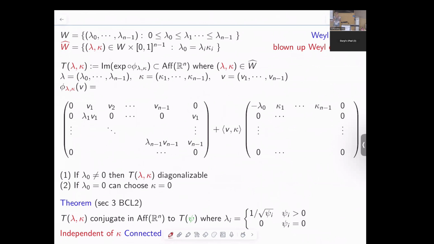And you can find a continuous map that takes a point in Teichmüller space and gives you a corresponding discrete group. Gives you a hyperbolic surface.